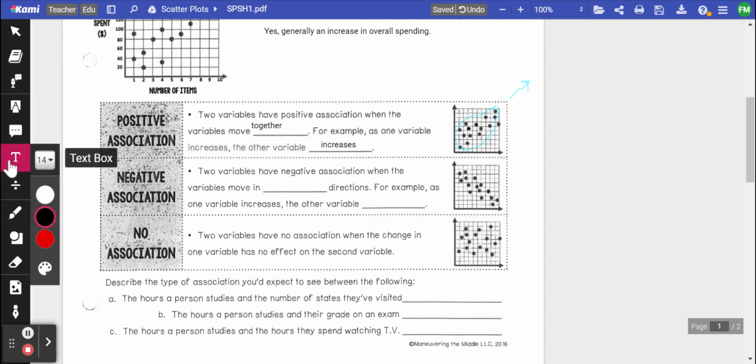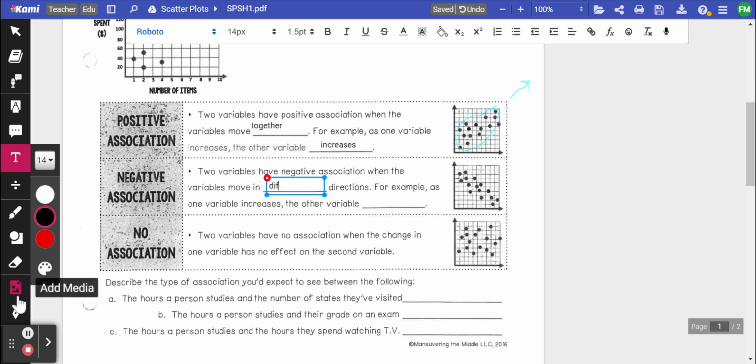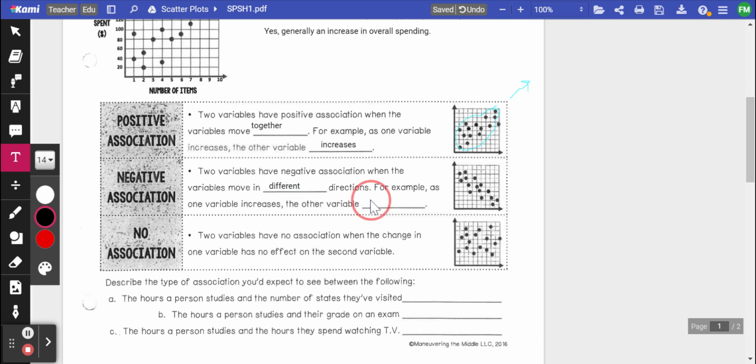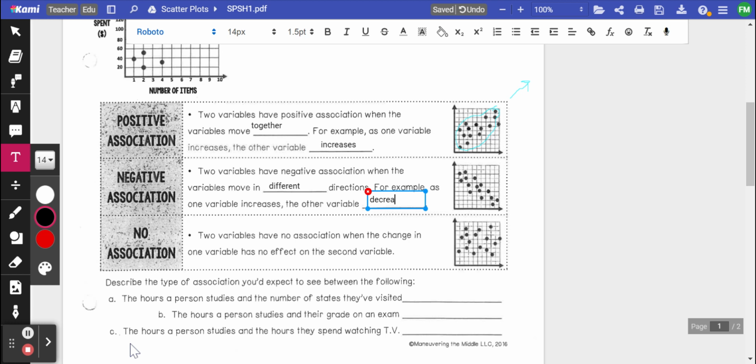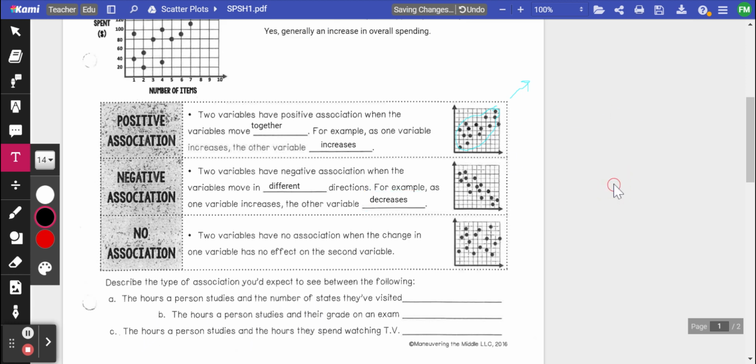All right. Let's go to a negative association. Two variables have a negative association when the variables move in different directions. For example, as one variable increases, the other variable decreases. That's this whole idea of the x increasing and the y decreasing and vice versa.